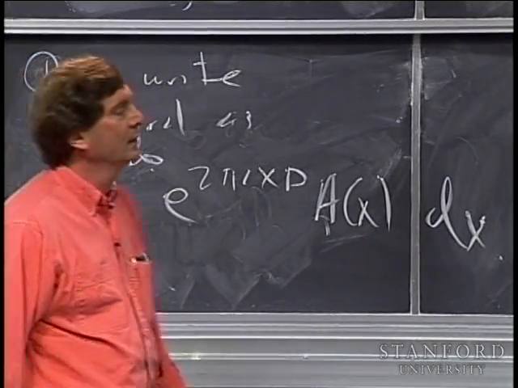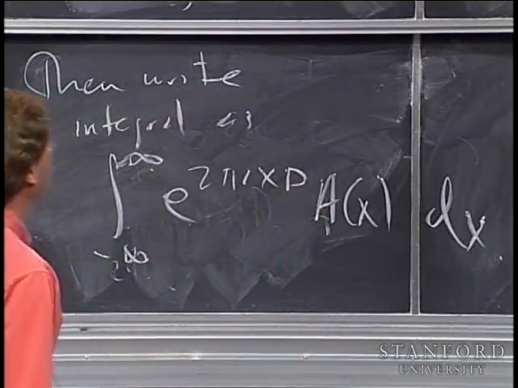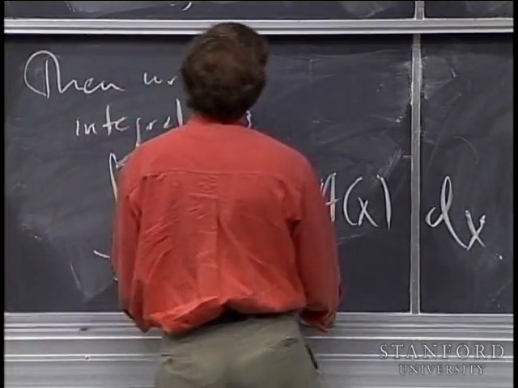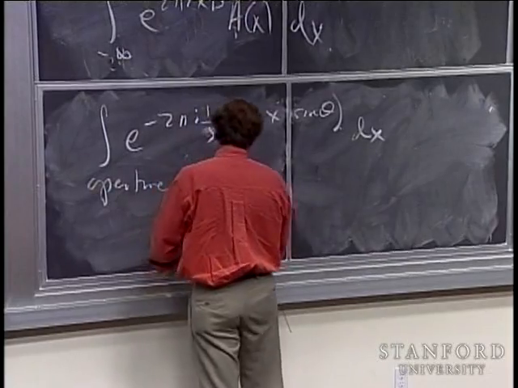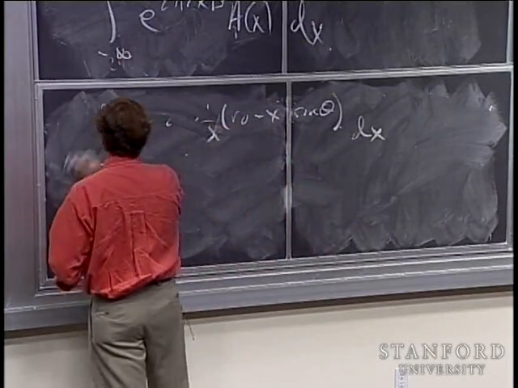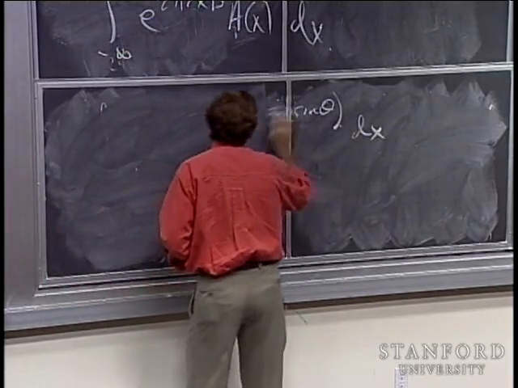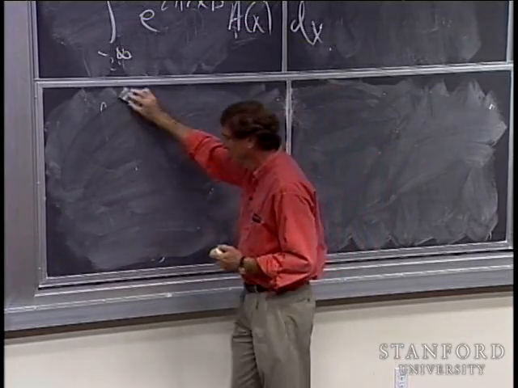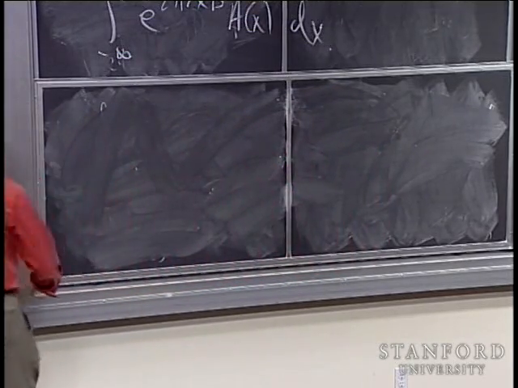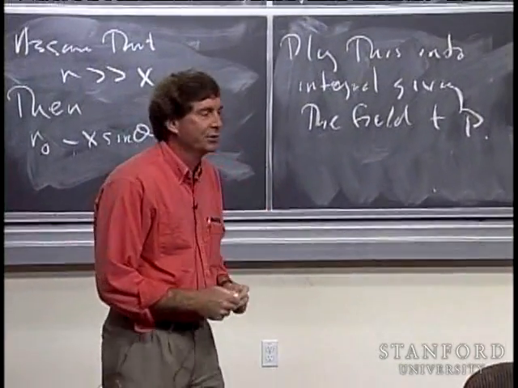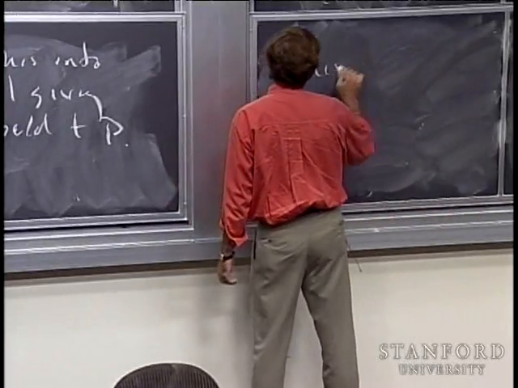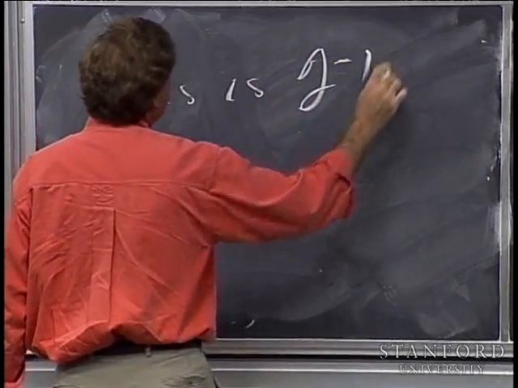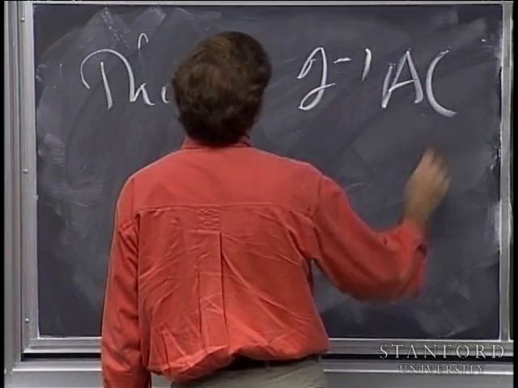Okay? And now, what do we recognize? This is, of course, nothing other than the inverse Fourier transform of the aperture function at p.